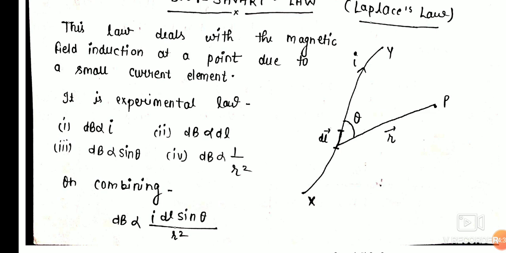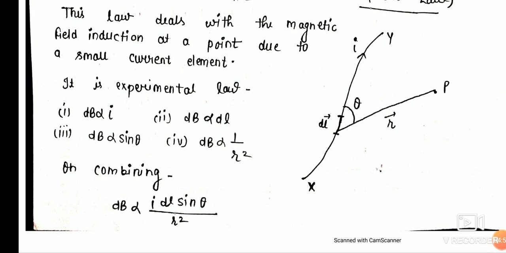Because it is an experimental law, we can say this using experimental proof. Here is a wire XY carrying current I, and this wire has a small current element dl. There is a point P situated at distance r from the current element.